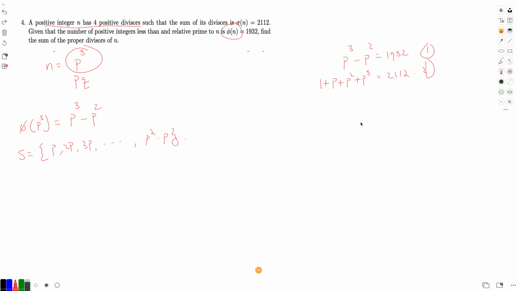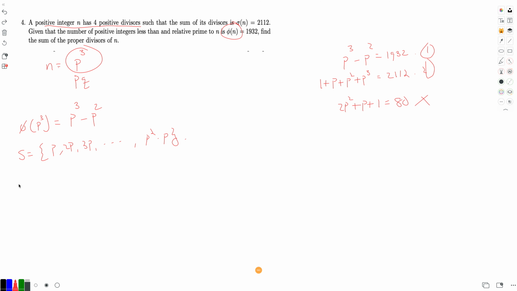By doing 2 minus 1, we get 2p squared plus p plus 1 is equal to 2112 minus 1932, which comes out to be 80. We can use the quadratic formula here, or since p is a prime, it is easy to guess and check. If we input 5, we get an output of 56, and if we input 7, we get an output of 106. So there are no primes in between 5 and 7, so we know that there's no solution here.